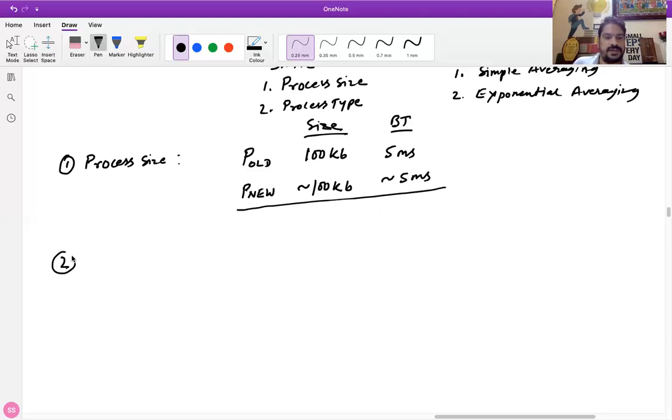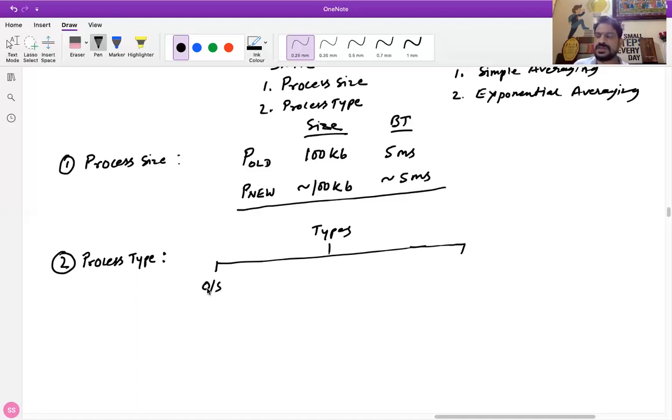Now the second method for predicting the burst time is process type. We have different types of processes. Some, let's say, are operating system based processes, which are your system programs, your scheduling algorithms, your process communication algorithms, or any type of operating system related programs.